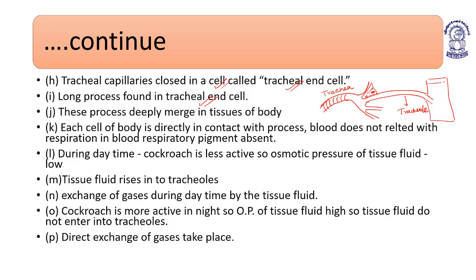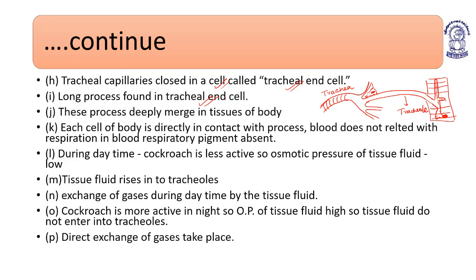Like this, it makes branches to supply. Finger-like projections. So these are the tracheoles. These all are tracheoles. These tracheoles are filled with air. Understood? That is why the long process is found in the tracheal end cell.